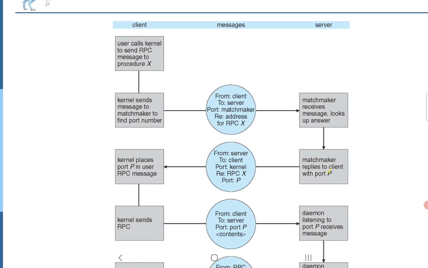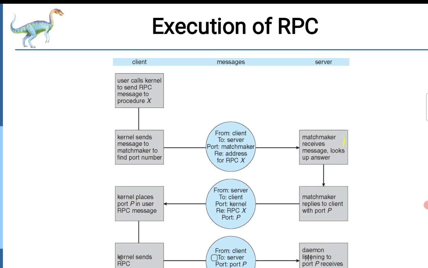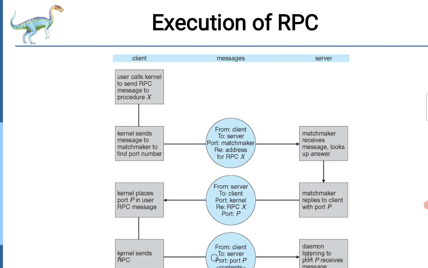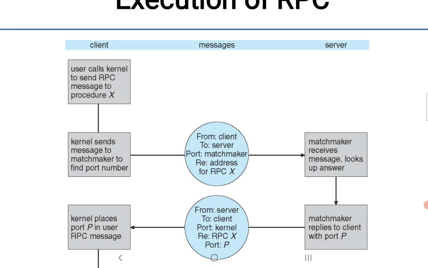If you want to look into how the actual execution of the remote procedure call happens on the client side, you'll see that the user calls the kernel to send a remote procedure call message to procedure X. Procedure X is on the server. The kernel will send the message to the matchmaker. The matchmaker is the process that is responsible for locating the server. It will send a message along with the port number.